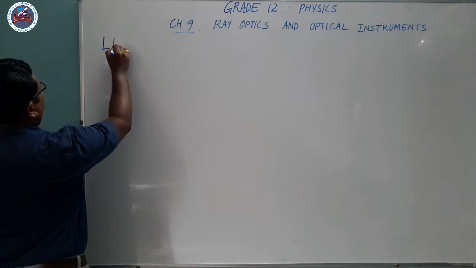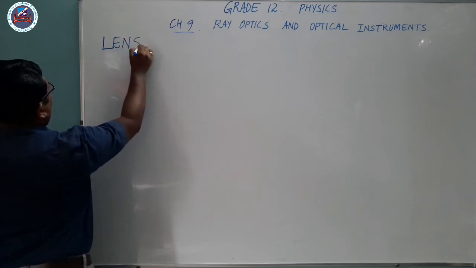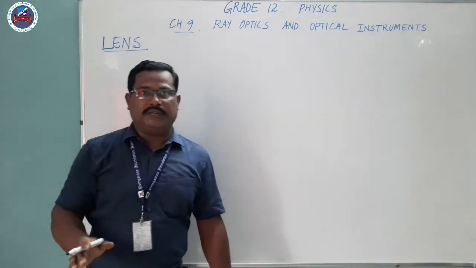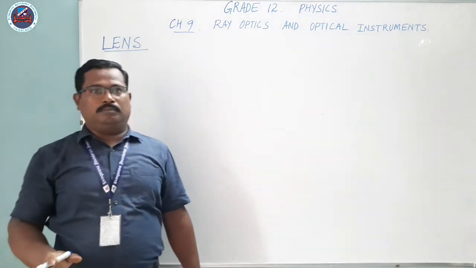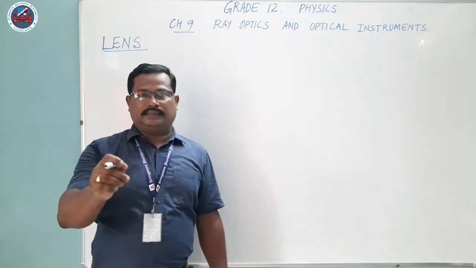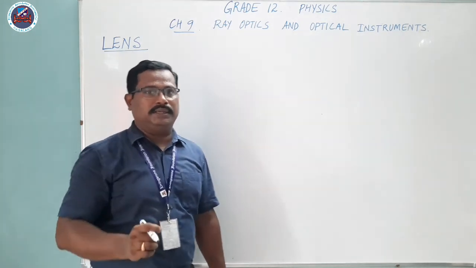Lens. A lens is a transparent refracting medium bound by two surfaces, of which at least one side must be curved.